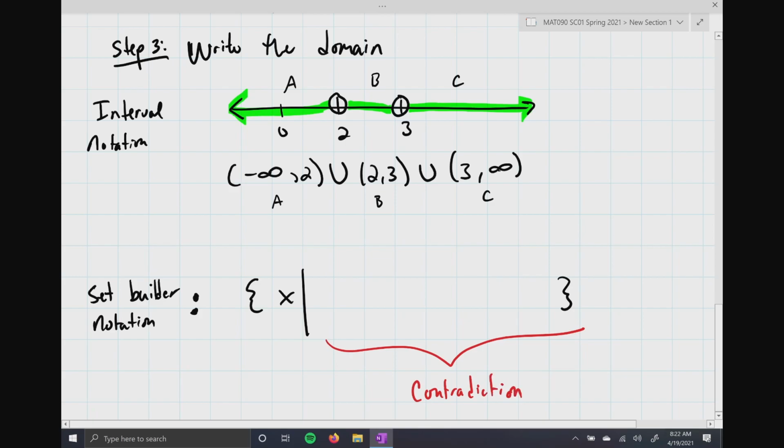You will always write it as X is a real number, and X cannot equal 2, comma, or the word and, X cannot equal 3. So you tell me X can be any real number and X cannot equal 2, X cannot equal 3. That's the contradiction part.